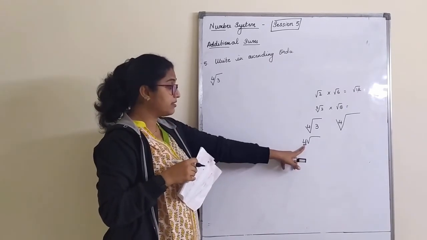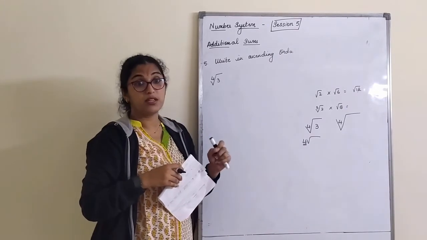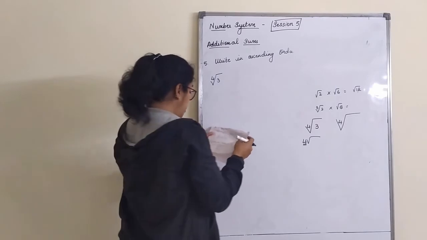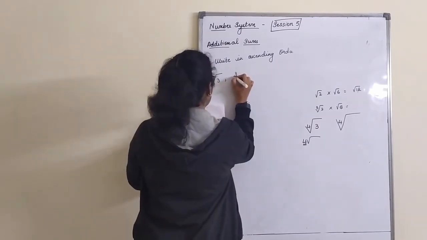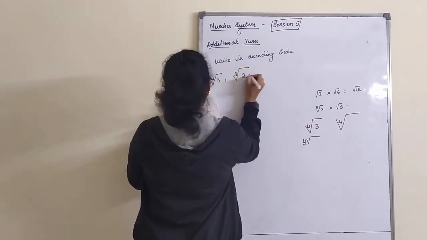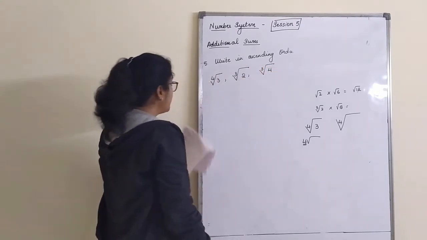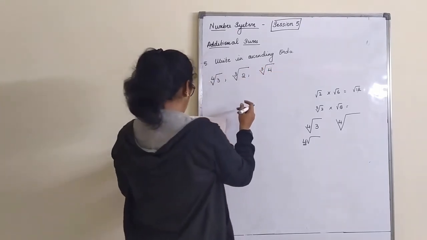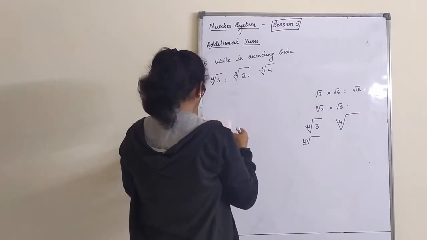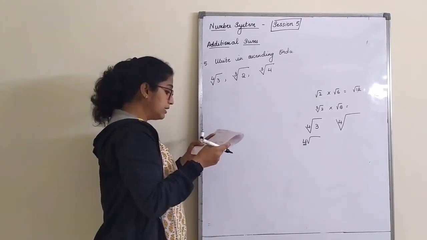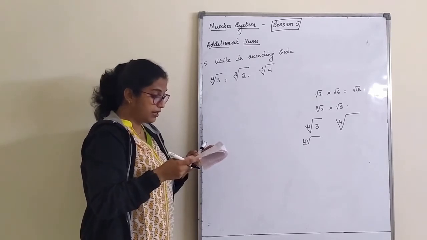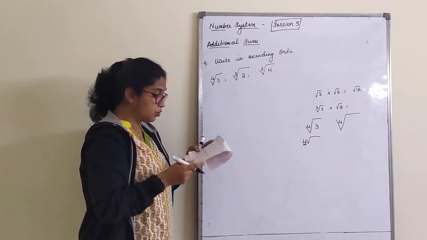If you write it outside the root, that becomes a coefficient. So 4th root 3, comma, cube root of 2, comma, and cube root of 4. So we have 3 orders. One is 4th root 3, one is cube root 2 and another is cube root 4.